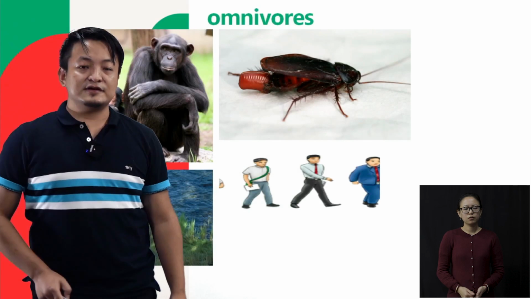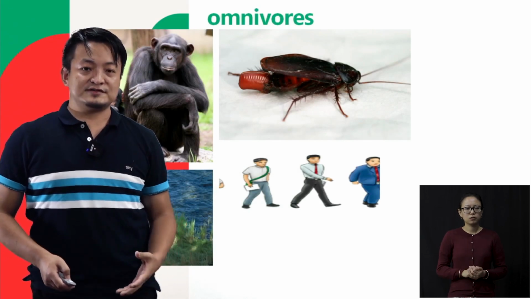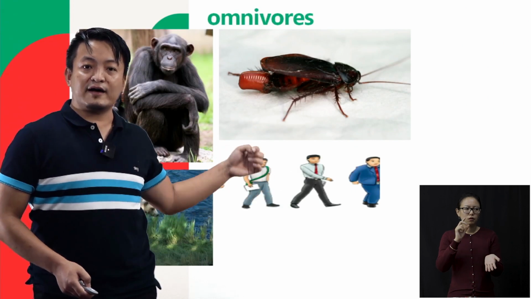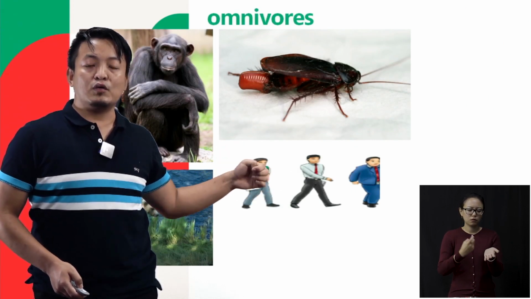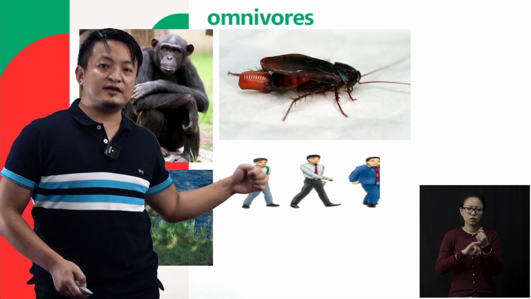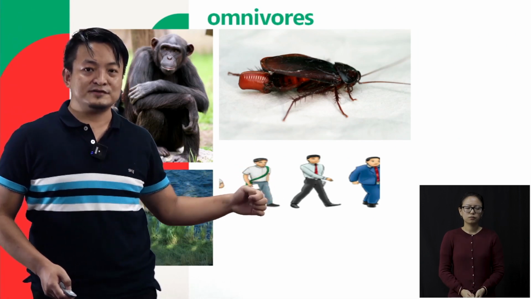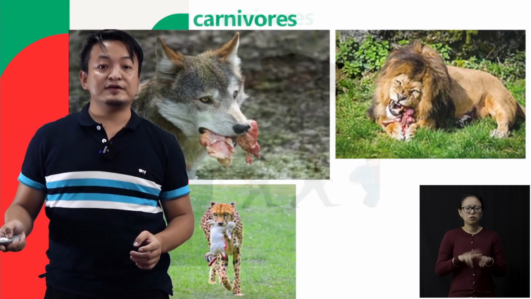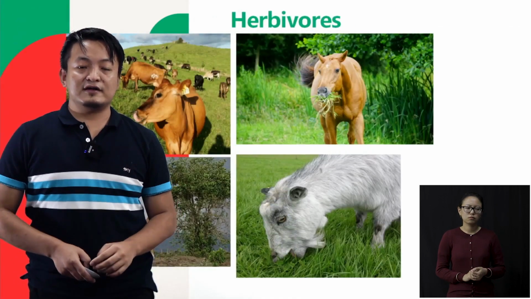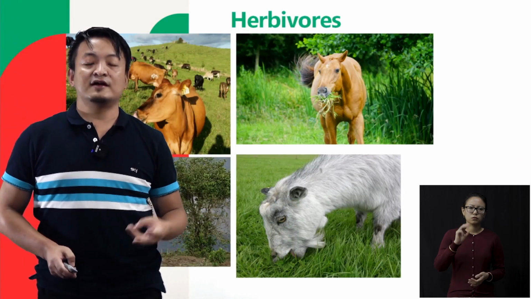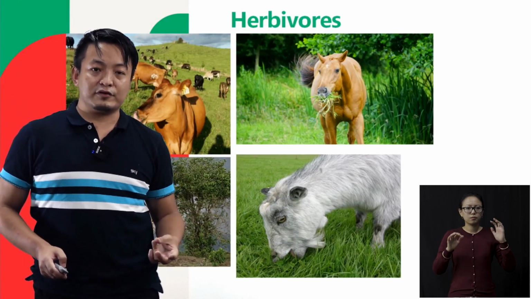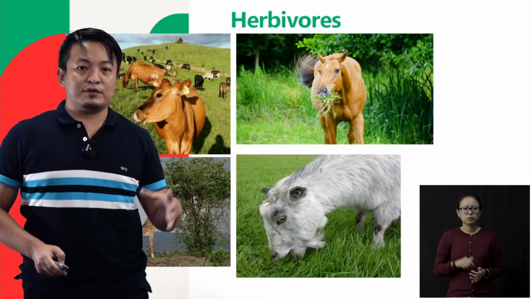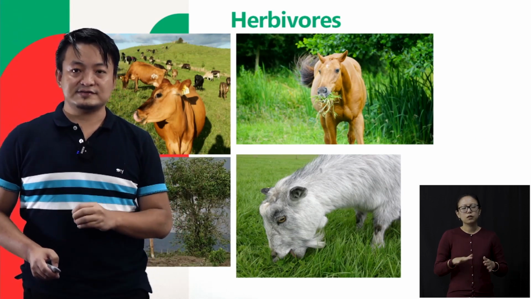Now, the third one is omnivores. Omnivores. So you can write it down, okay? Based on the eating habits of animals, there are three types: herbivores, carnivores, and omnivores. So let's discuss herbivores in detail.